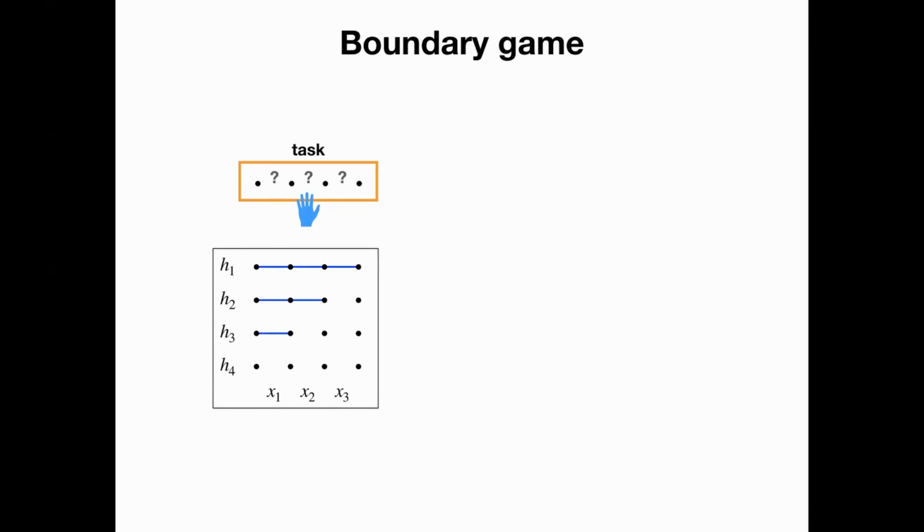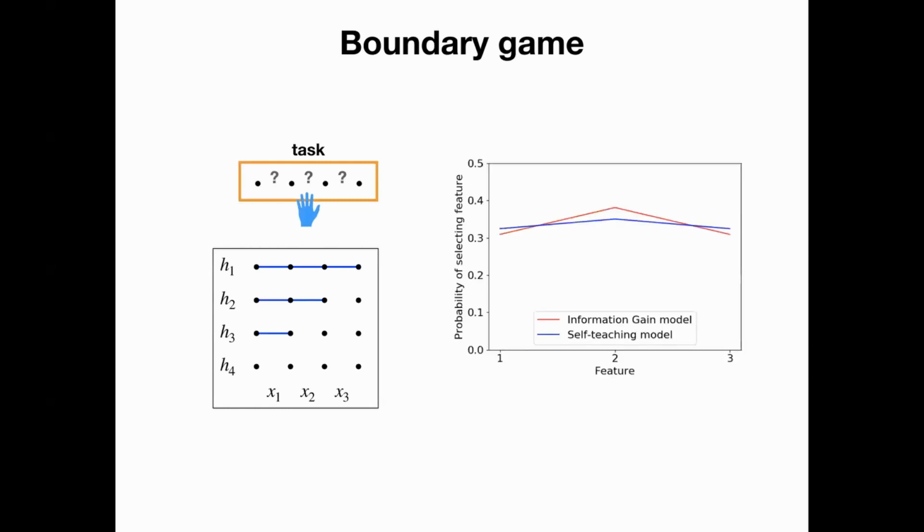Which probe would the models choose? For both self-teaching and expected information gain, we see that the center feature has the highest probability to be chosen. This is also what most people would do. Thus, in this case, the self-teaching model as well as expected information gain capture humans' active learning behavior.